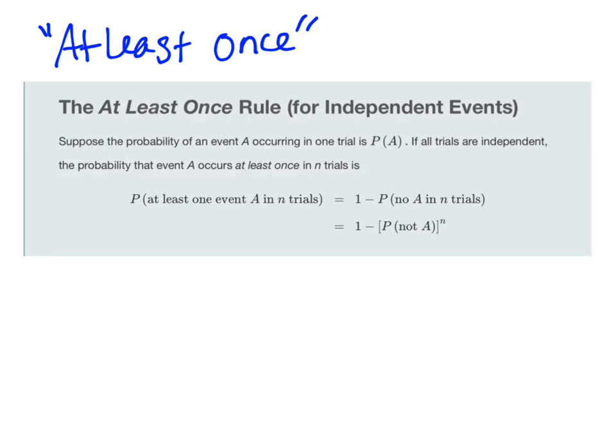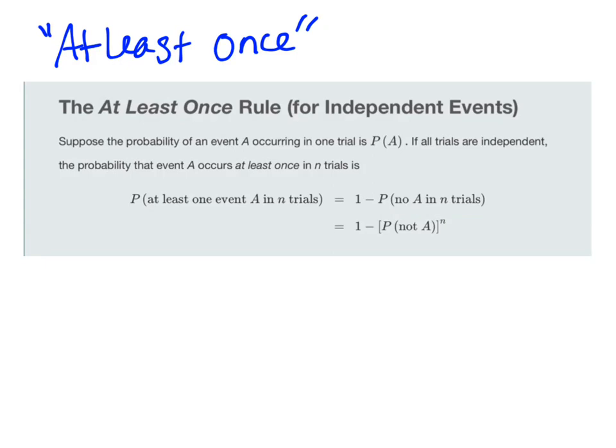If all trials are independent, so this rule does require that, then the probability that the event, for example getting tails, occurs at least once in n trials, however many times we flip the coin, is 1 minus the probability of getting no event A in n trials.